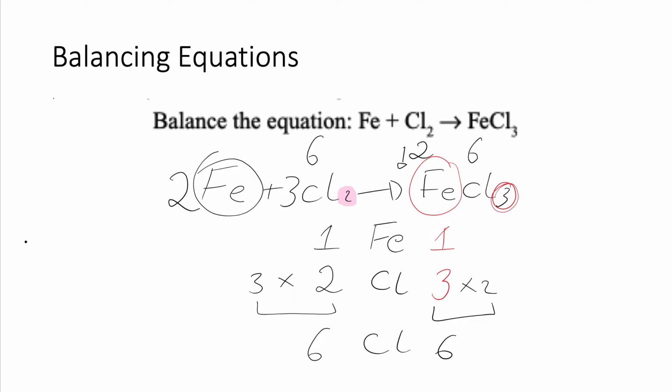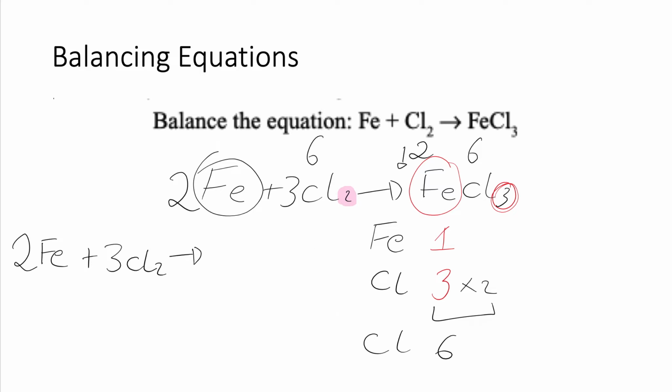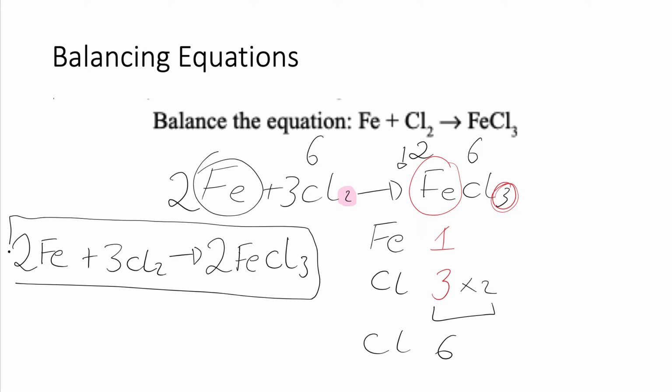Writing that out over here, we have 2 Fe plus 3 Cl2 arrow 2 FeCl3. We have 2 irons and 6 chlorines, and this over here is the full balanced equation for iron plus chlorine produces iron chloride.